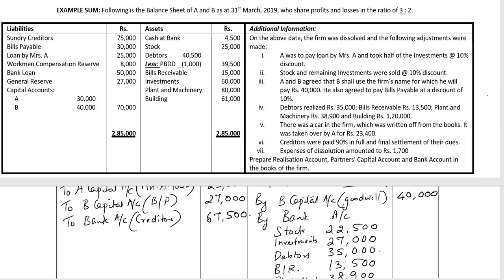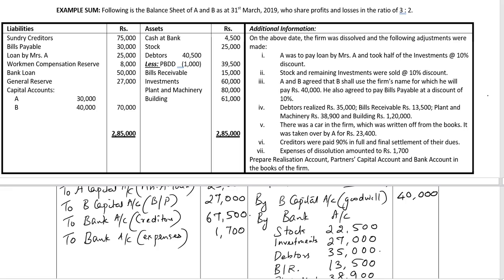Nothing is mentioned, so it's borne by the firm and also paid by the firm. So realization to bank account for expenses, 1,700 rupees.